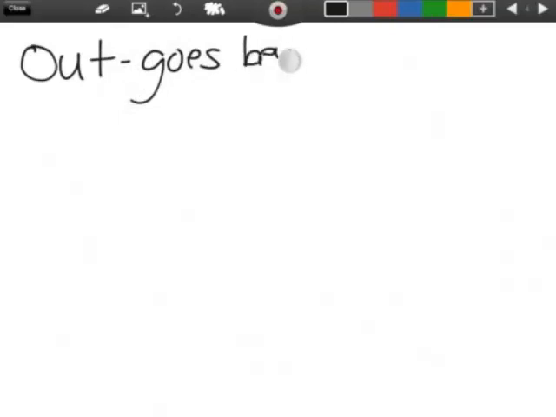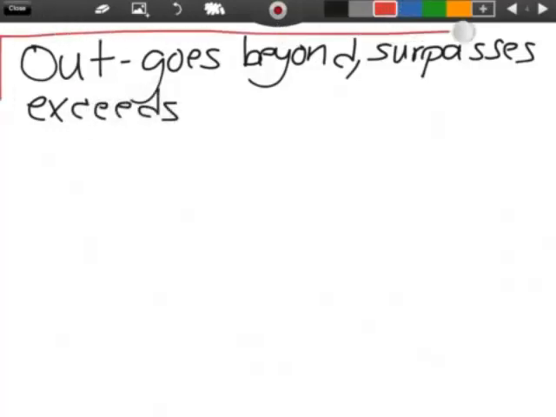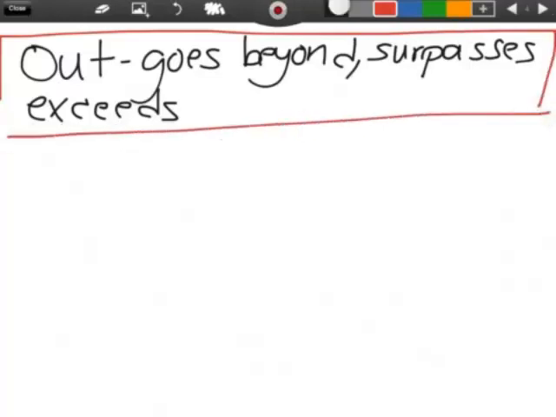Out, meaning goes beyond, surpasses, and exceeds. I'm going to put this in a box because this is a commonly used root. It is very important that you know it. I'm going to give you two examples.